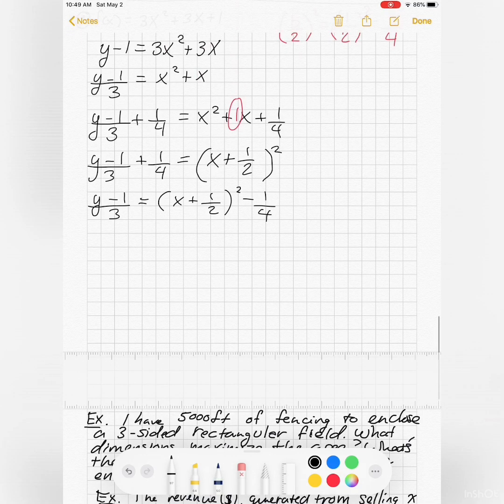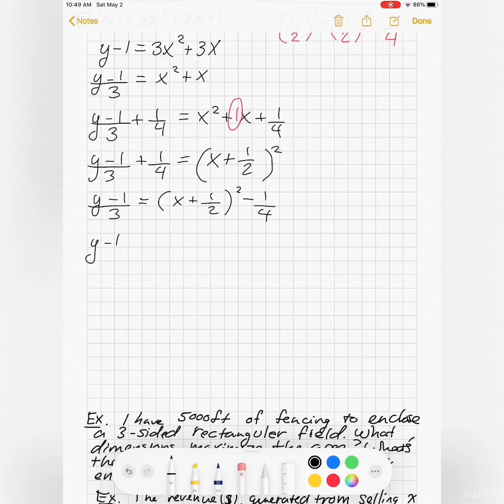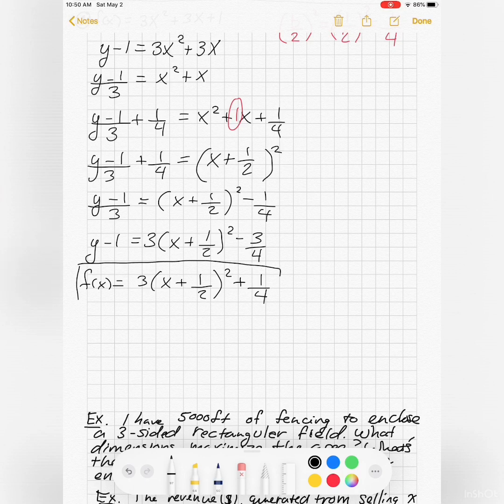Okay. Go ahead and multiply everything by 3. So y minus 1 is 3 times x plus a half squared minus 3/4. Then add the 1. So 1 is 4/4. What is that then, a quarter? And then the last step is f of x equals.